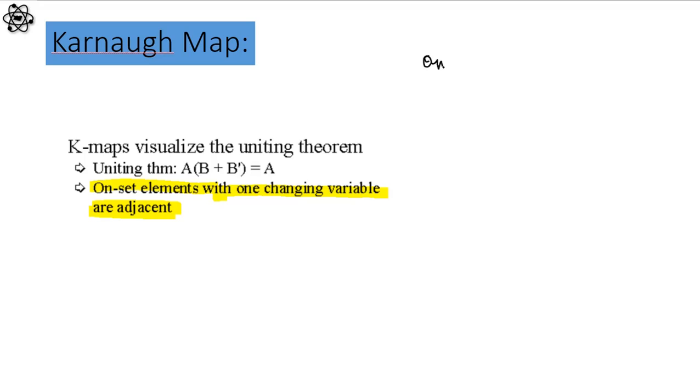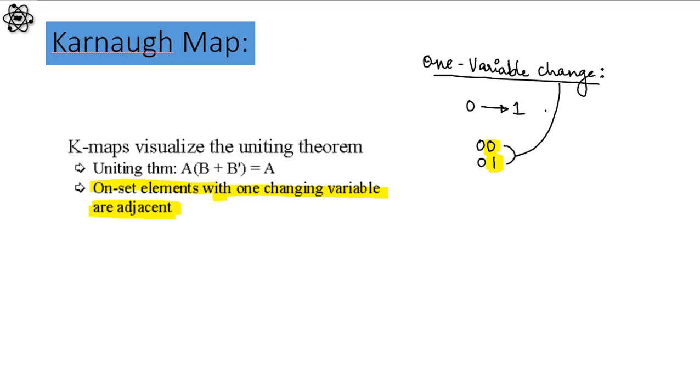As an example, let me consider the one variable change. So 0 to 1 is a one variable change. If I consider 2-bit variables, 0 0 and 0 1 is a one variable change. If I consider 3 variables, then 0 0 0, 0 0 1 is one variable change, and 0 1 0 and 0 1 1 is another variable change.